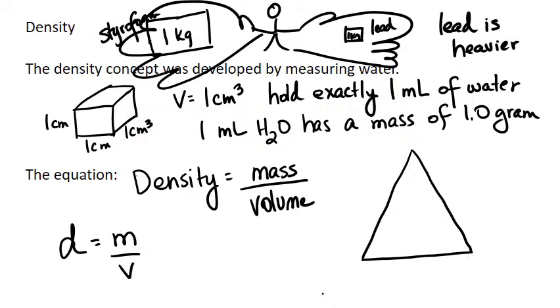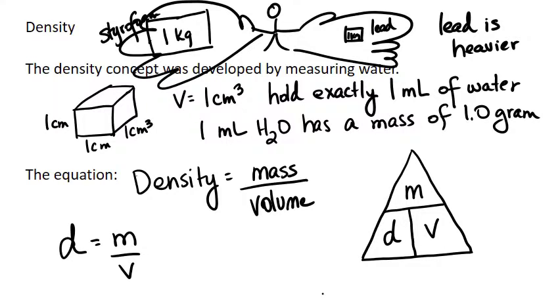There's a horizontal line and a vertical line. In the bottom left corner is the D, in the top part of the triangle is the M, and the bottom right is the V. We call this the density triangle, and it works for any kind of three variable equation.